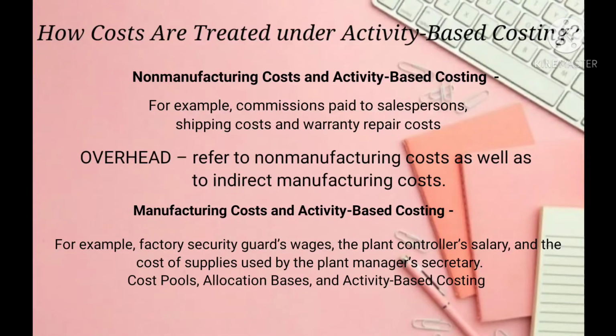The plant-wide and departmental approaches always had one thing in common. They relied on allocation bases such as direct labor hours and machine hours for allocating overhead costs to products.